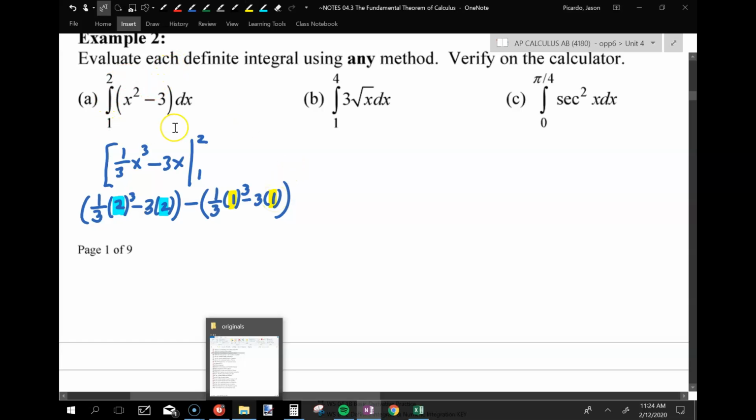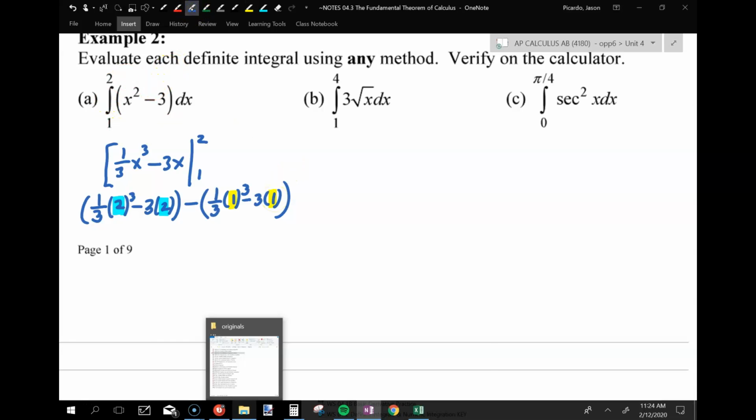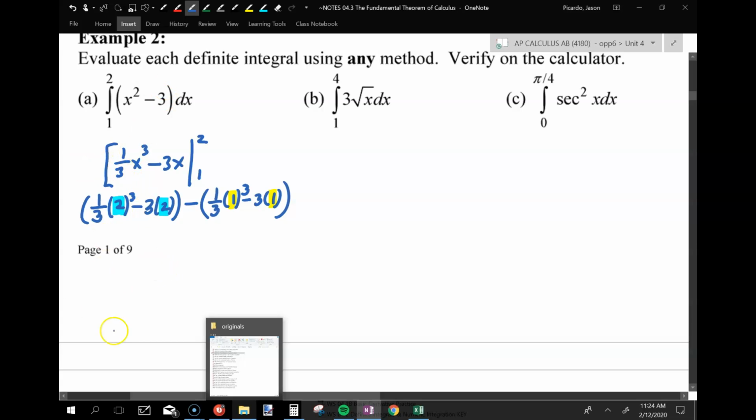All right, let's see if we can do this by hand. Order of operations. 2 cubed, 8, times a third, 8 thirds. Minus what? All right, so it's going to be 8 thirds minus 6. All right. 1 cubed times a third. Minus 3. So it's a third minus 3.